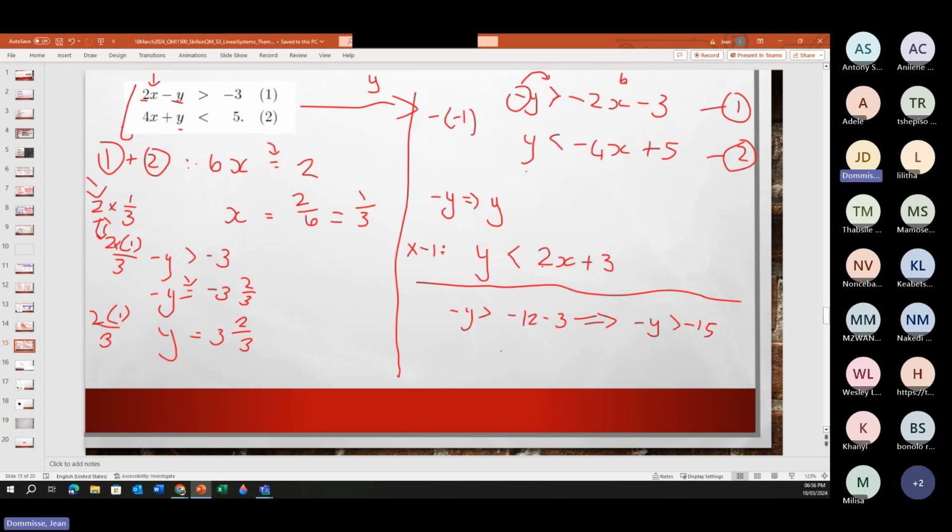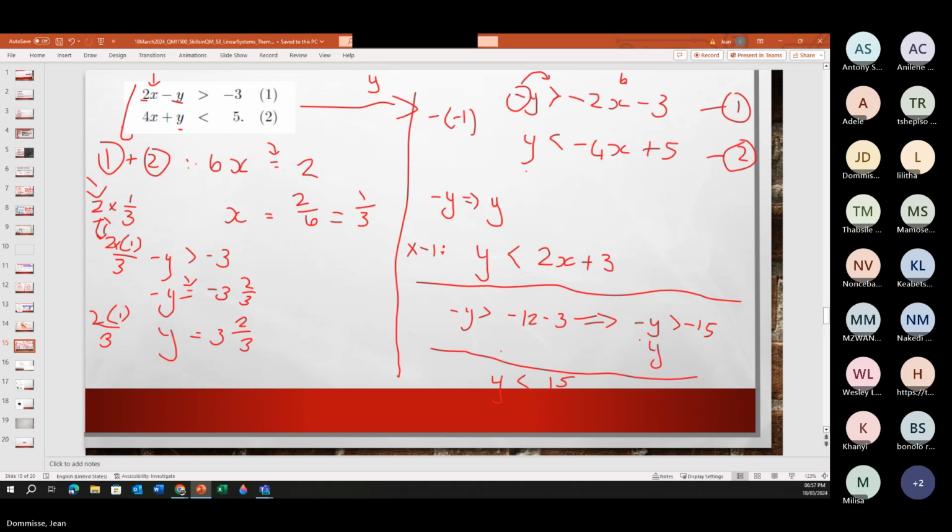So let's put 6 in the bottom one, sorry. That would have been y is smaller than 12 plus 3, which is 15. Okay, so if you see here, y is smaller than 15, minus y is bigger than -15.